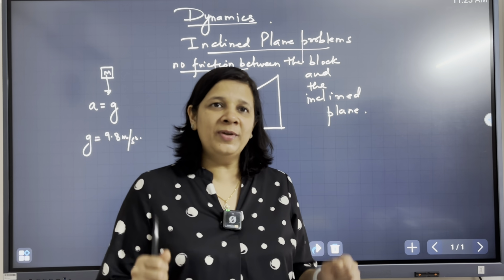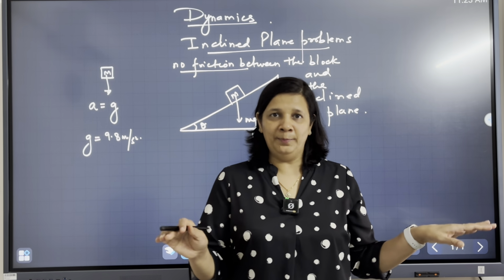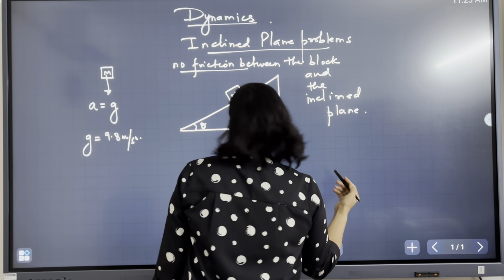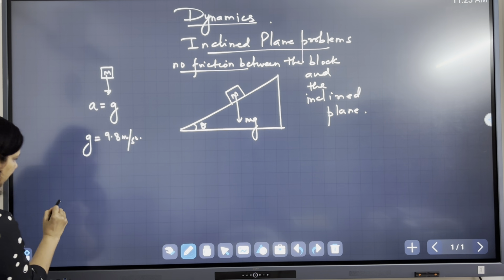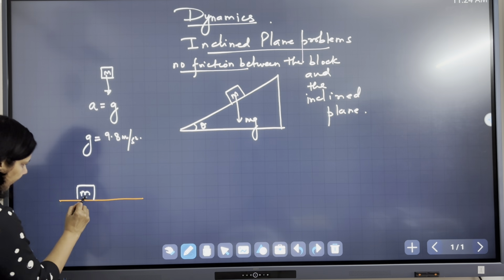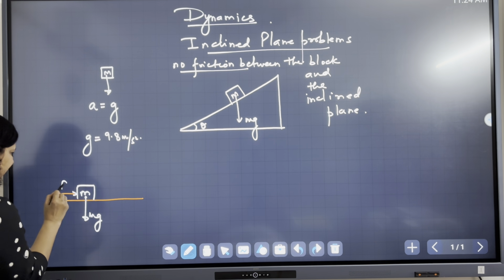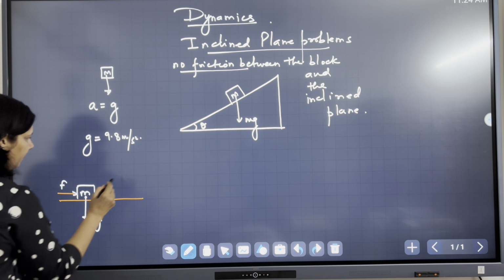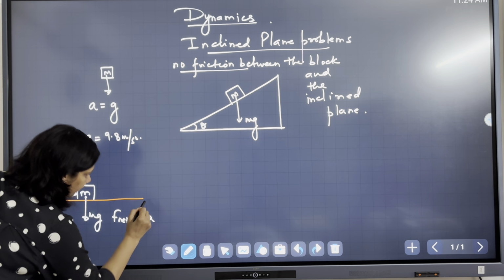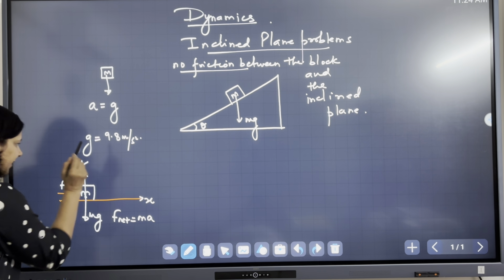Now how do we have to view this problem? When the object is on a horizontal plane, when the object of mass m is kept here, then mg is acting downward, and if force F is being applied in this direction, then you can find F net is equal to mass into acceleration. Let us take this as the x direction and this as the y direction.